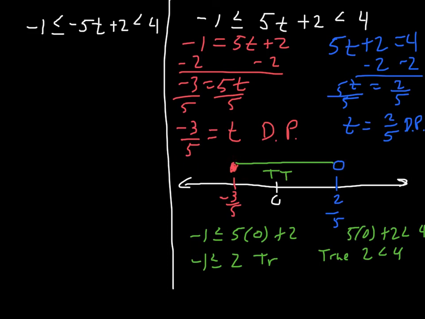Now the last thing I have to do is to write my inequality. So for my inequality, I am going to do the same thing I've done before. Here I have negative 3/5. Underneath the line, I write my variable, which is x. And underneath this dividing point, I write 2/5.